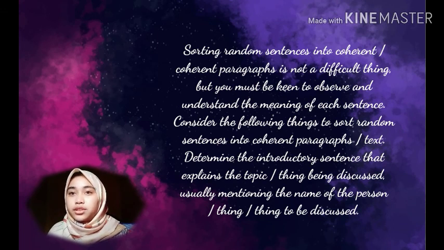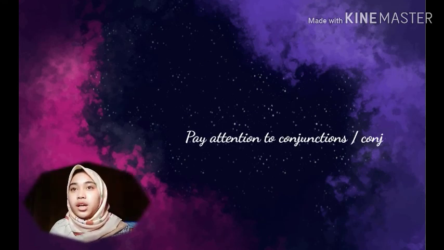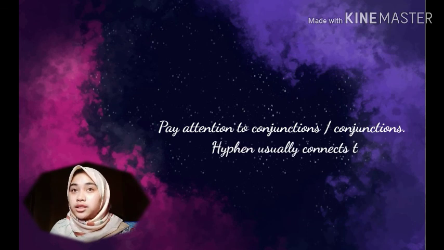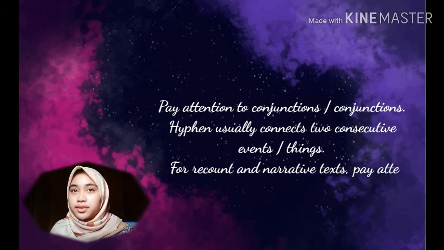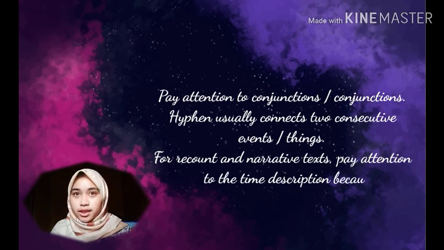Determine the introductory sentence that explains the topic, usually mentioning the name of the person or thing to be discussed. Pay attention to conjunctions. Conjunctions usually have a context of consecutive events or things.